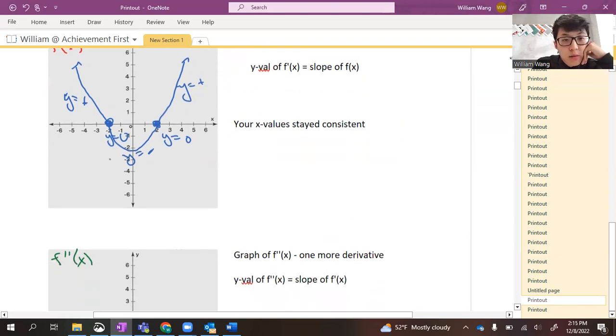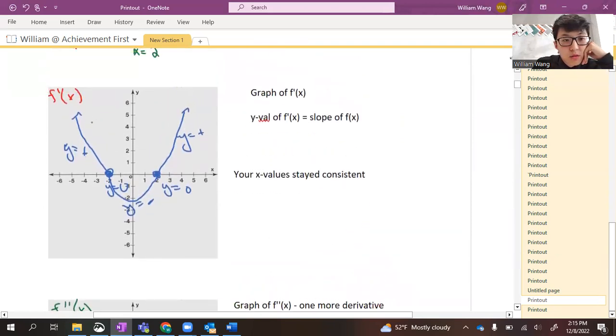Let's look at my first derivative. Actually, I'll start with the lowest point. These are always good to point out. My minimum here, what is the slope at this minimum? Think about that for a moment.